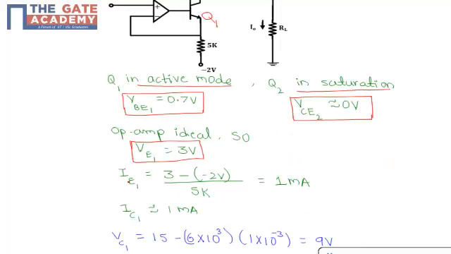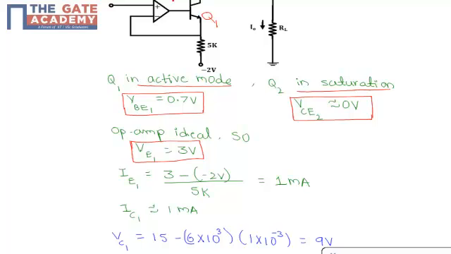Then calculate the emitter current in transistor 1. It will be equal to 3 volts minus minus 2 volts, divided by 5K.